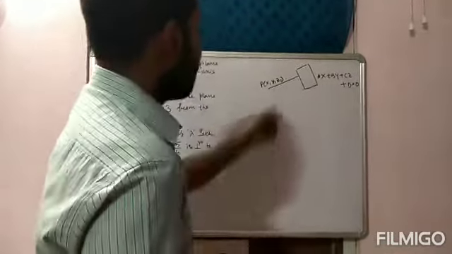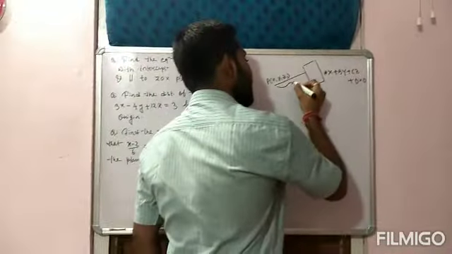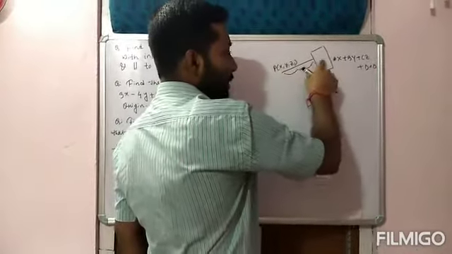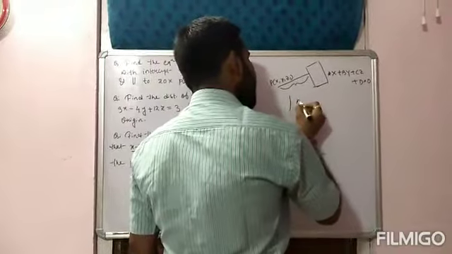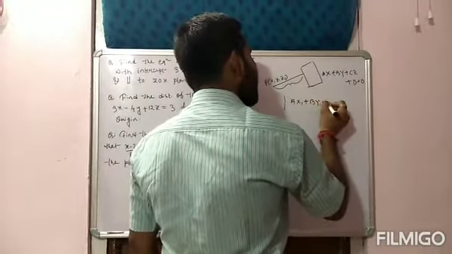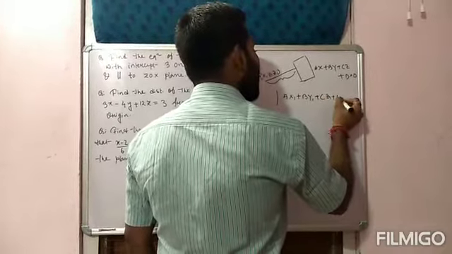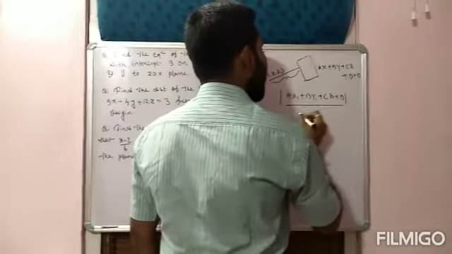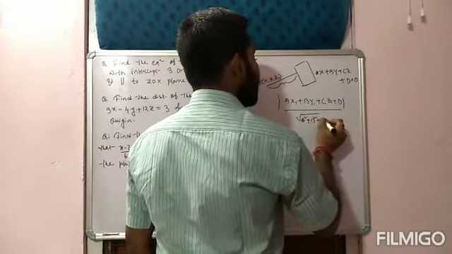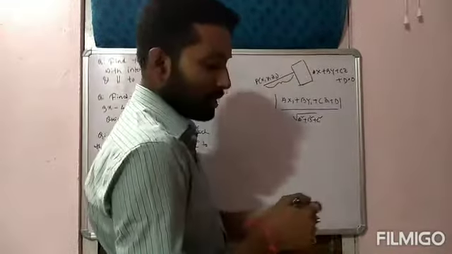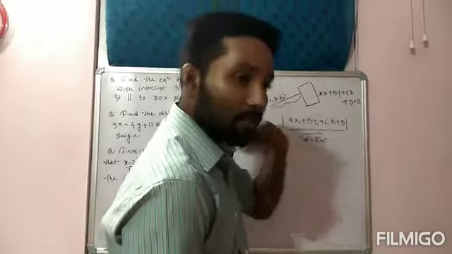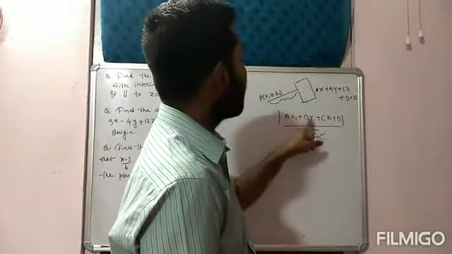So the distance from any point to the plane is, we know, modulus of ax1 plus by1 plus cz1 plus d, divided by under root a square plus b square plus c square. यही है फॉर्मूला, शॉर्टकट फॉर्मूला. So x1 y1 z1 की वैल्यूज क्वेश्चन में जो दिया रहेगा वही यहाँ पे पुट करना है.